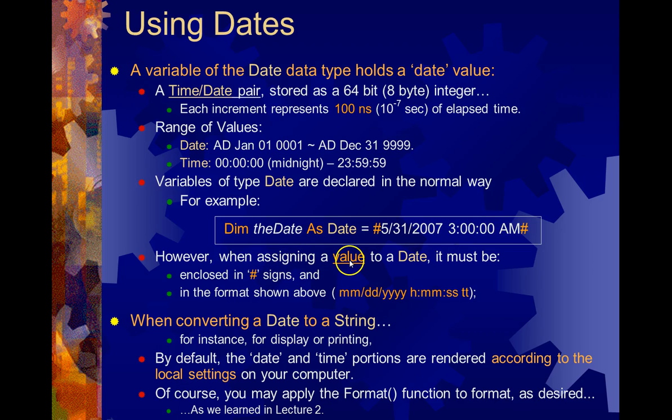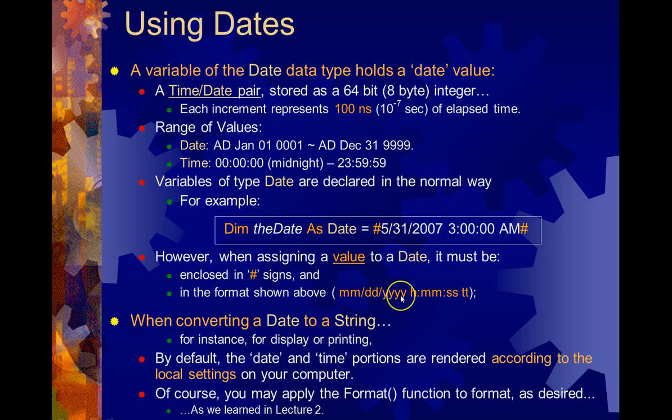However, when assigning a value to a date, it must be enclosed in the pound signs in the format shown above. Month, day, year, hour, minute, second, and AM/PM. TT stands for AM/PM. So here we have month, day, year.